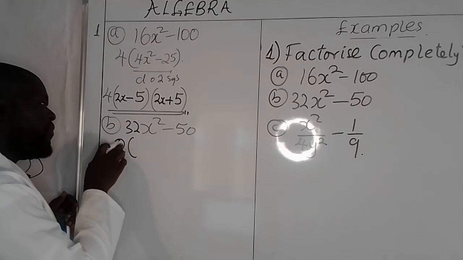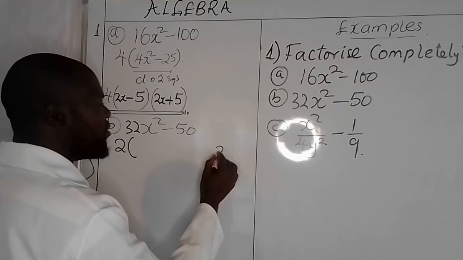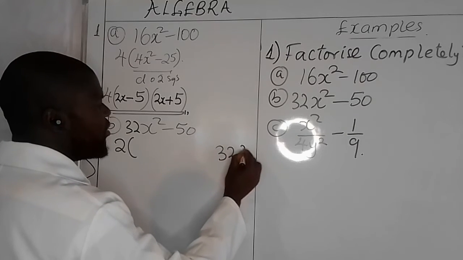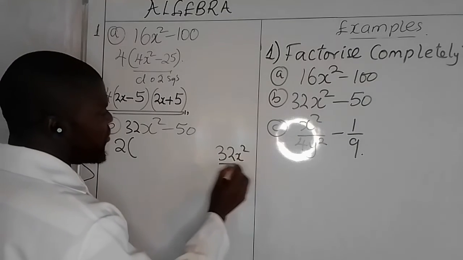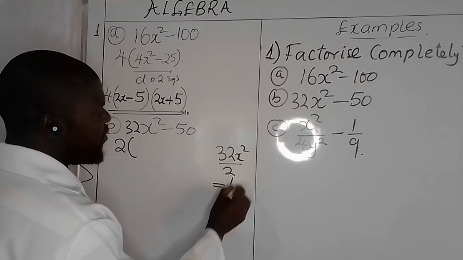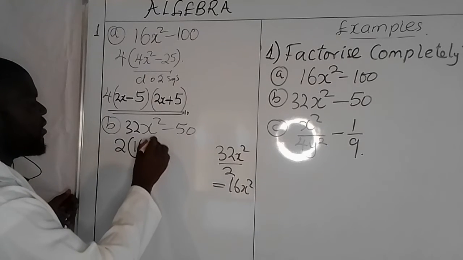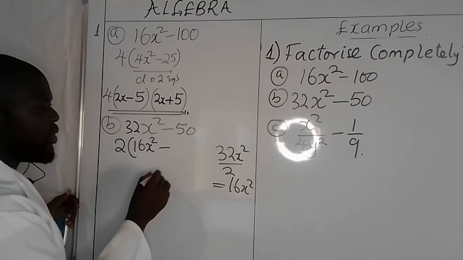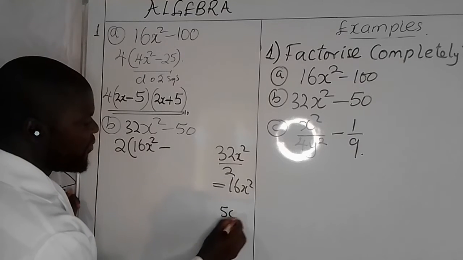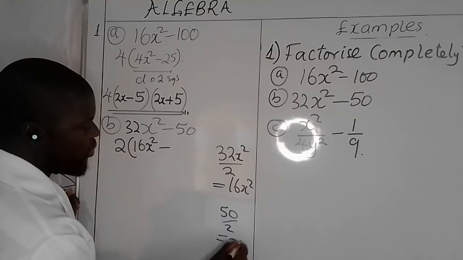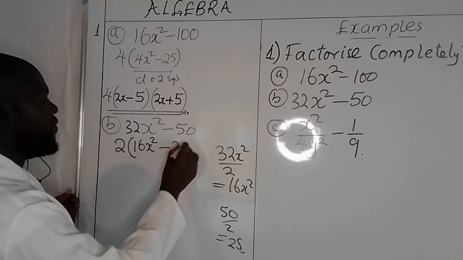When you take 2 from 32x squared, you are going to have 16x squared, and when you take 2 from 50, you are going to have 25.